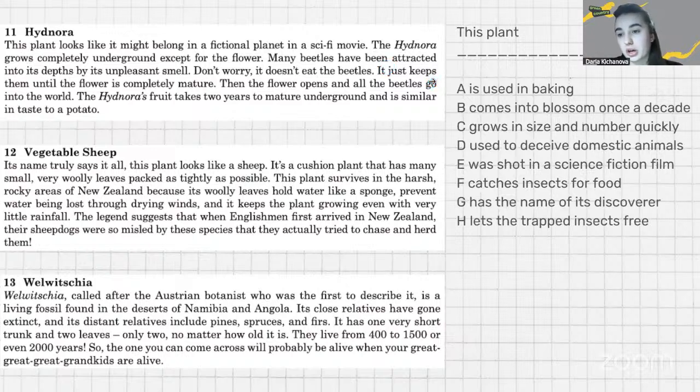So then we need to describe one plant. Then we need to read the text to understand what this text wants to say. There we need to underline key phrases, keywords, to have some kind of list of things that can be used in the answers. And only then we need to choose the correct answer. So underline the key phrases in this text and find the correct answer.